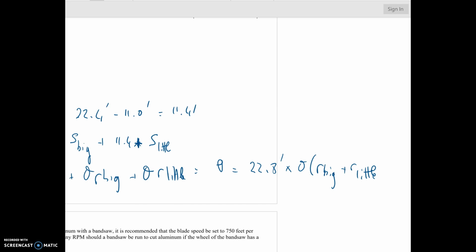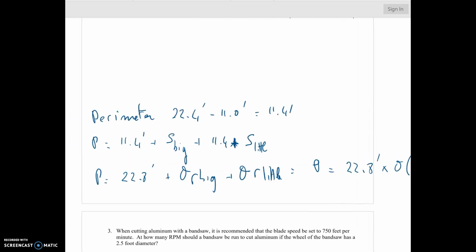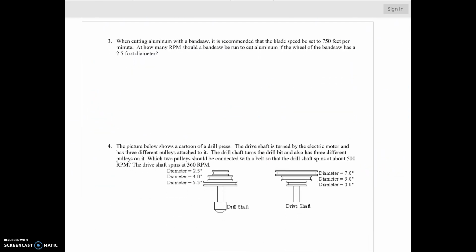When I do the calculation, I find a perimeter of 54 inches. I'll let you work on problems number 3 and 4 by yourself. I will give you the answers in the questions.